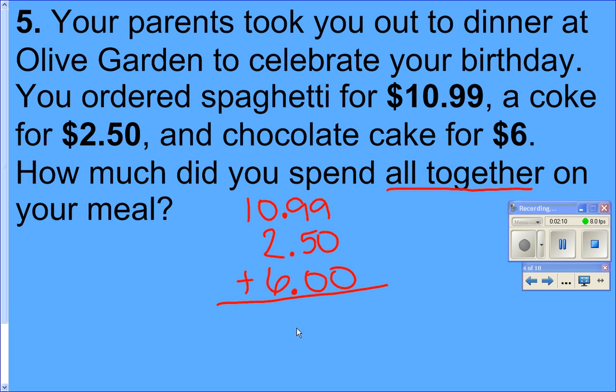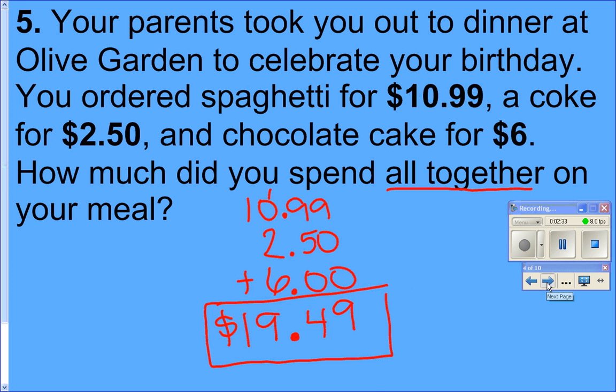Okay, bring your decimals straight down. 9 plus 0 is 9. 9 plus 5 is 14. 6 plus 2 is 8. Plus 1 is 9. 1 plus 0 is 1. So all together, your parents spent $19.49 on your dinner. Okay?